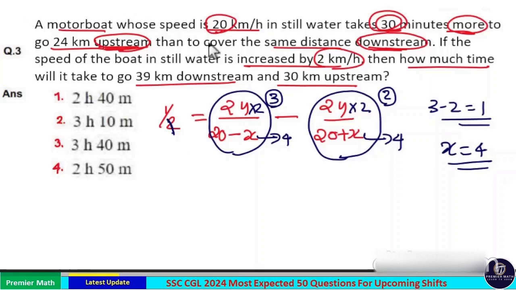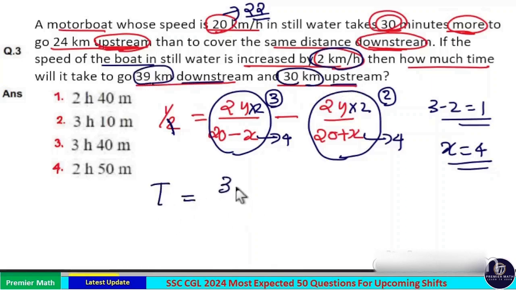Now if x is equal to 4, the question says if the speed of the boat in still water is increased by 2 km per hour, that is, this 20 km per hour will become 22 km per hour. Then what will be the time taken to cover 39 km downstream and 30 km upstream?